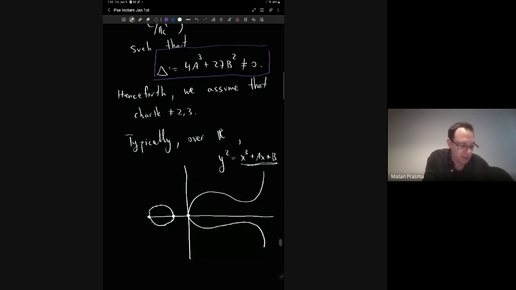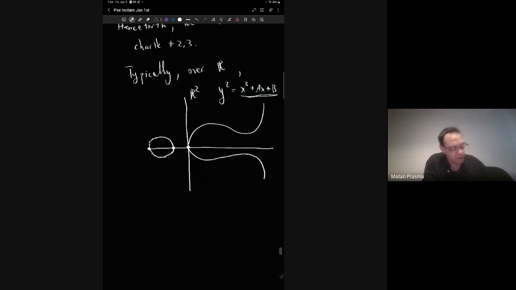It's not hard to see that over the real numbers, a polynomial in one variable of degree 3 can either have one root or three roots, but it cannot have two roots. So either we have this full picture of the fish in the lake, or we have only the fish.